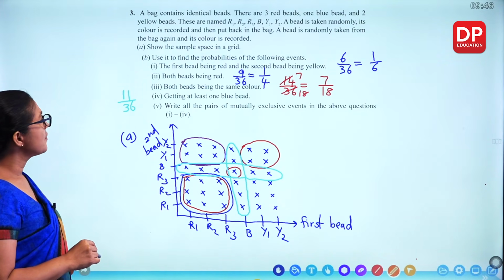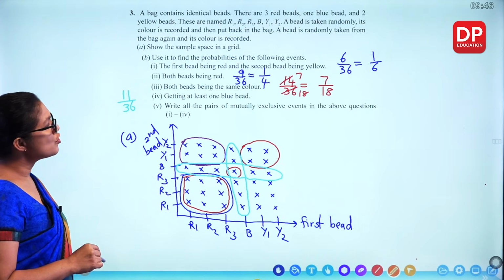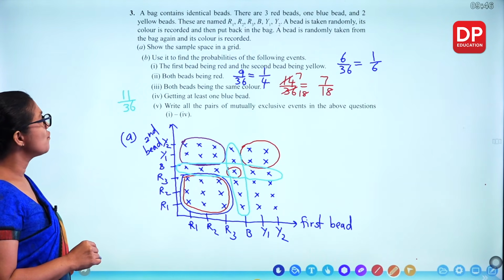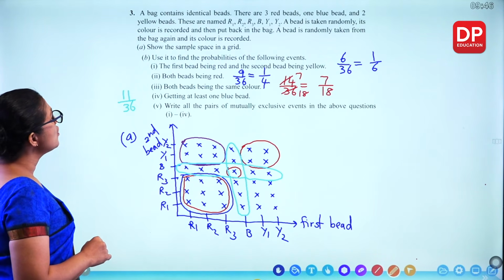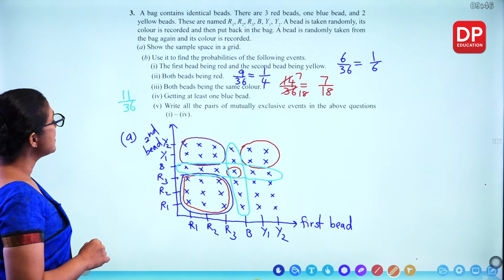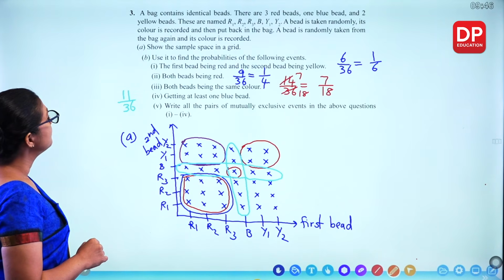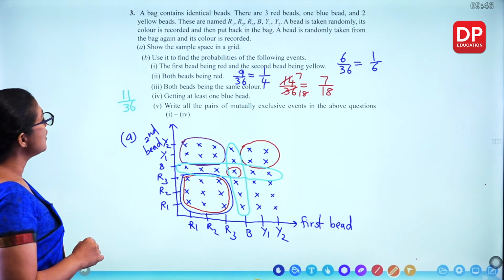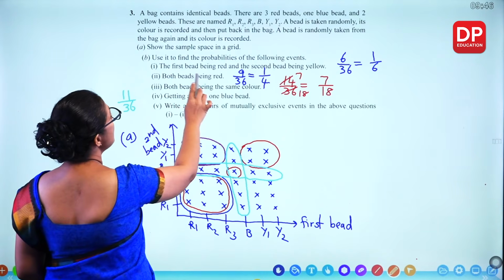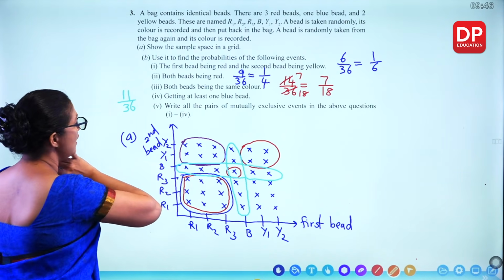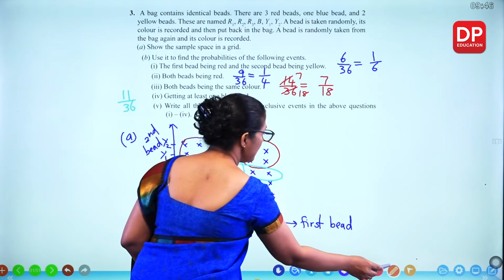Fifth one, write all the pairs of mutually exclusive events in the above questions 1 to 4. Now we'll identify 1 and 2. 1 is, which color we took? We'll identify. First one we did red and yellow. That's pink color.